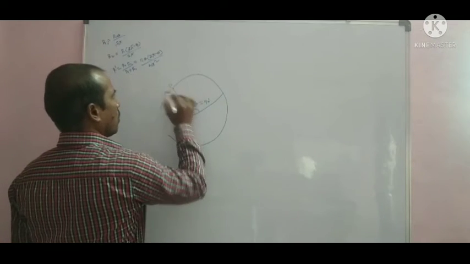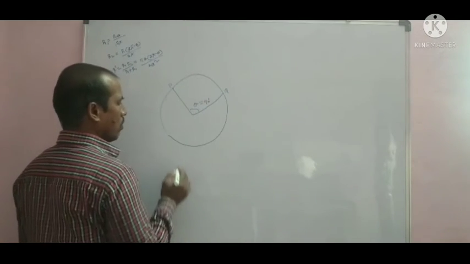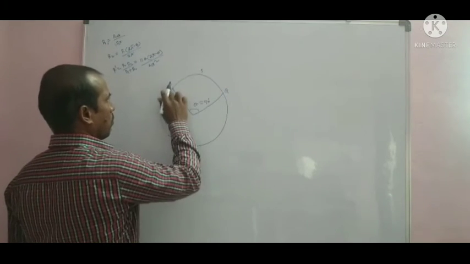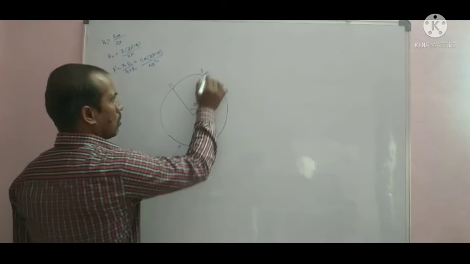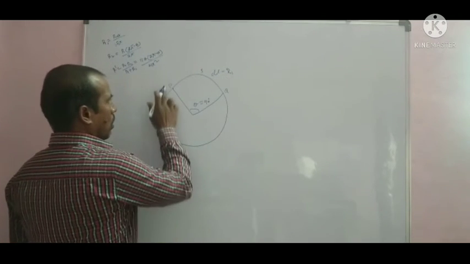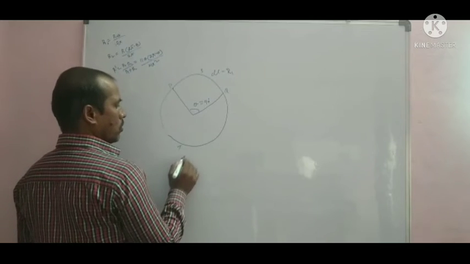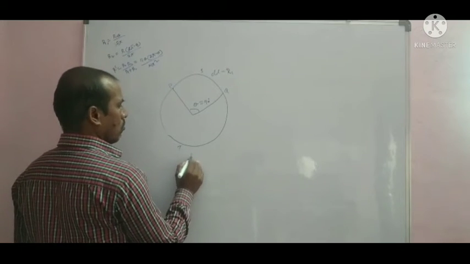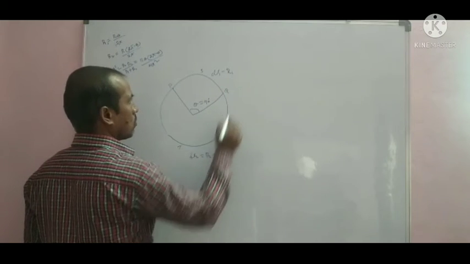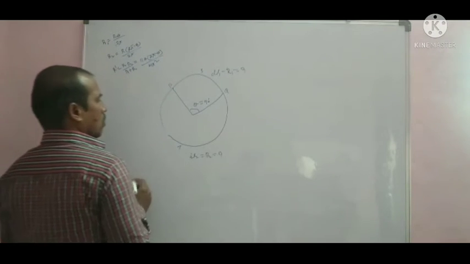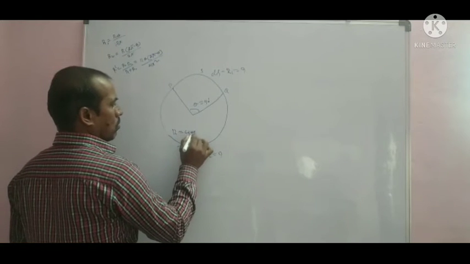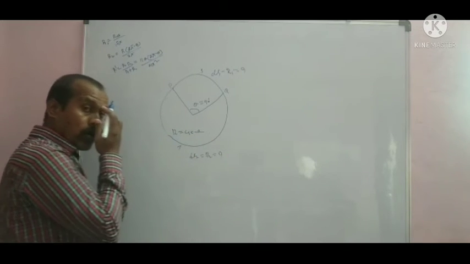This is P, and here Q. The PSQ portion has resistance R1, and the PTQ portion has resistance R2. The resistance of the ring is 40 ohm.